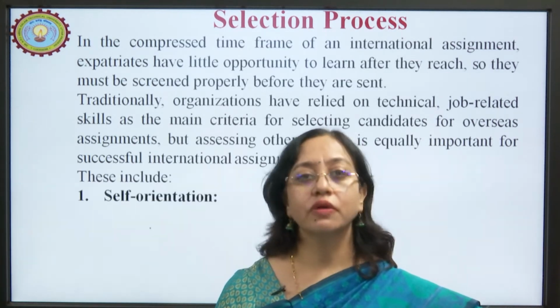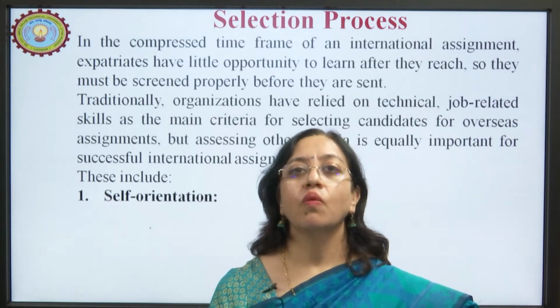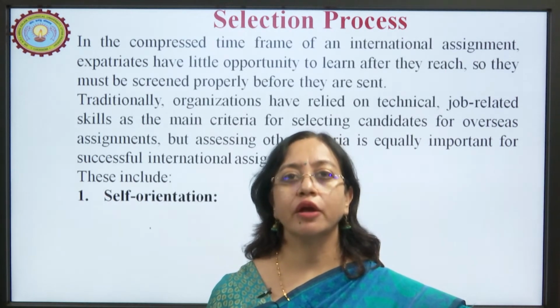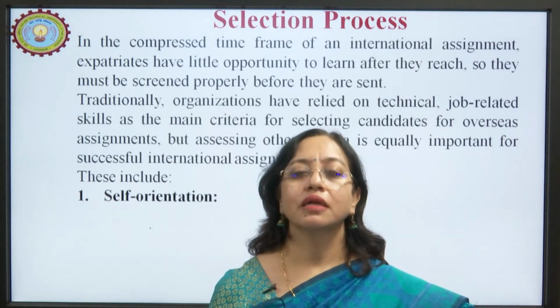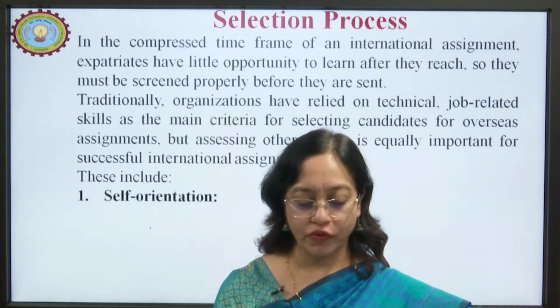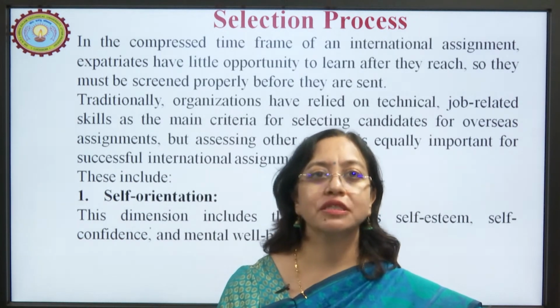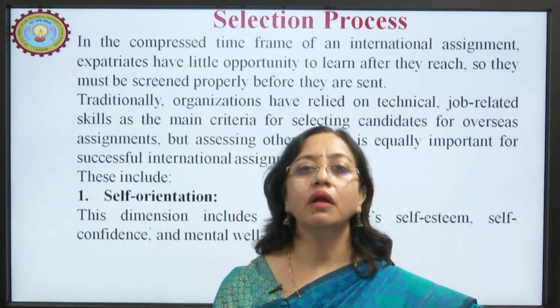These include, first, self orientation. One has to assess the self orientation dimension of the person. This dimension includes expatriate self esteem, self confidence and mental well being.